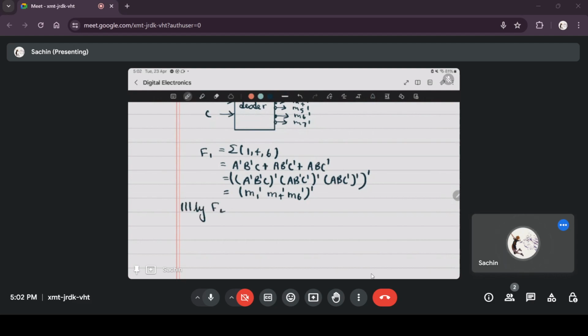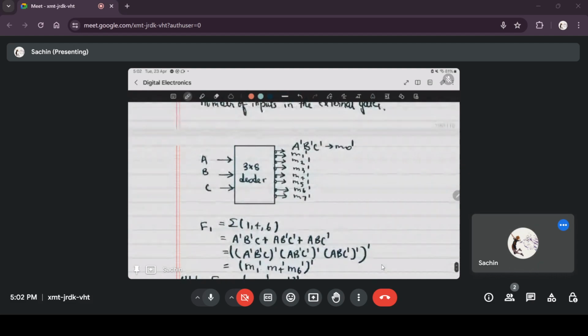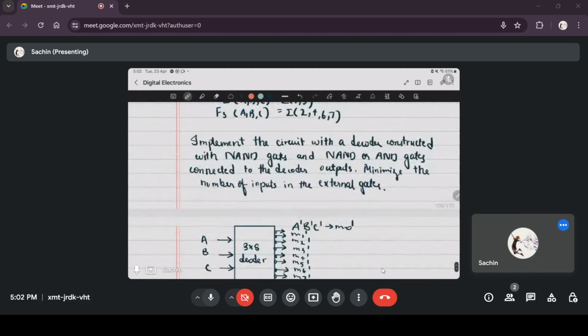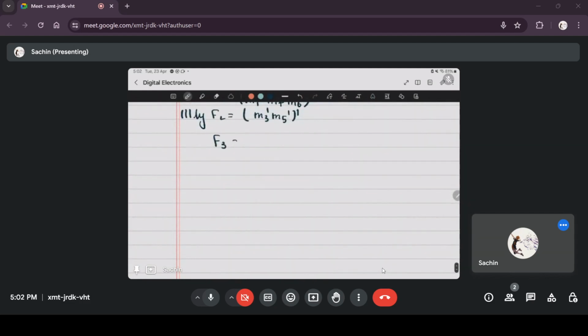Similarly, F2 is M3 prime, M5 prime, complemented, and F3 is M2 prime, M4 prime, M6 prime, M7 prime, complemented. Now each of these you can get using a NAND gate.